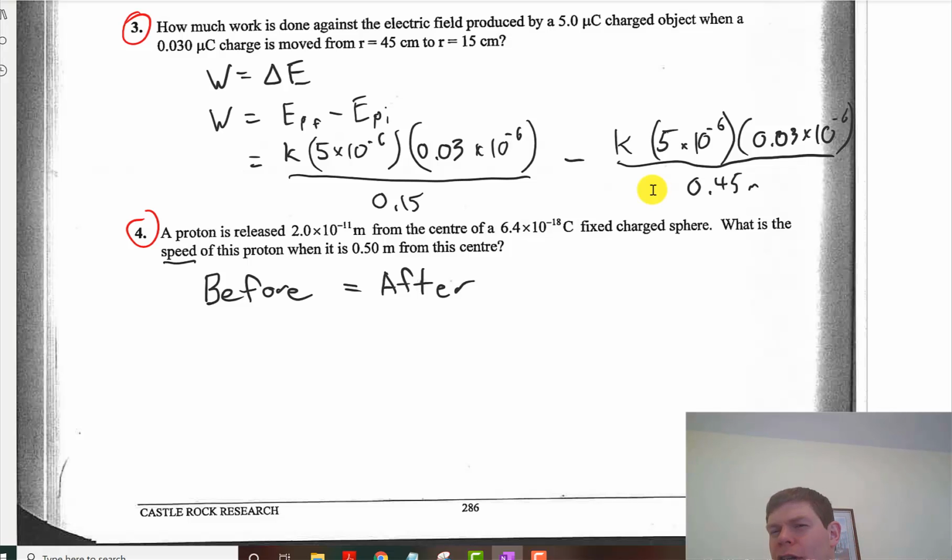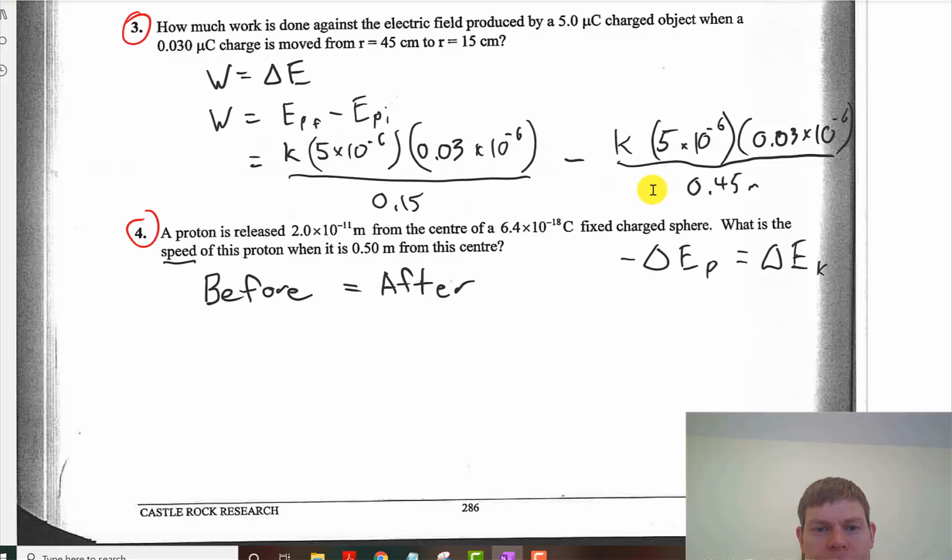Kind of if your potential energy goes down by, I don't know, 300 joules, your kinetic energy will go up by 300 joules. So you can use a formula like your negative change in potential energy equals your kinetic energy, but pretty much any question you can solve like this, you can also solve with before equals after. And so that's what we're going to do.